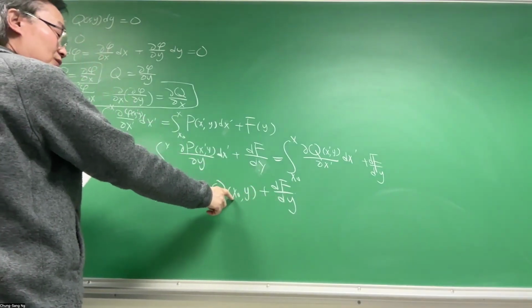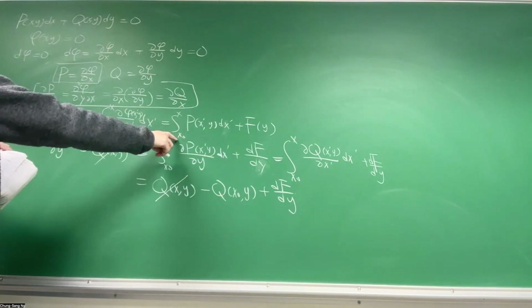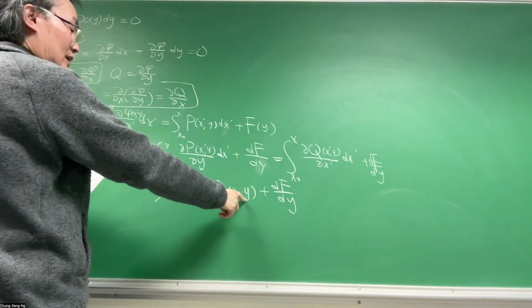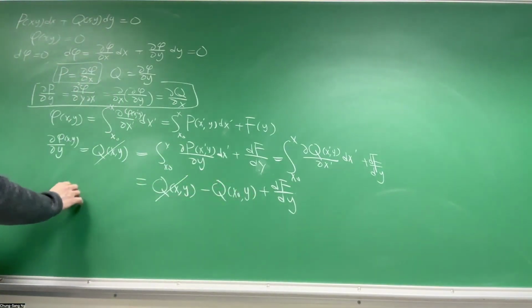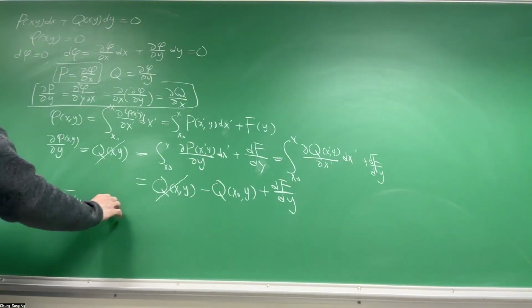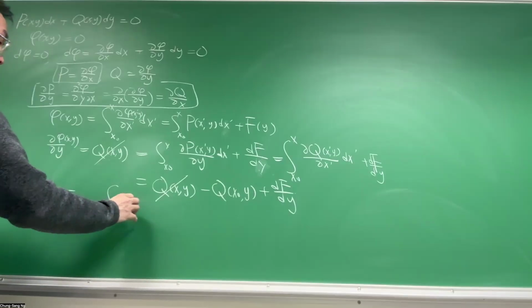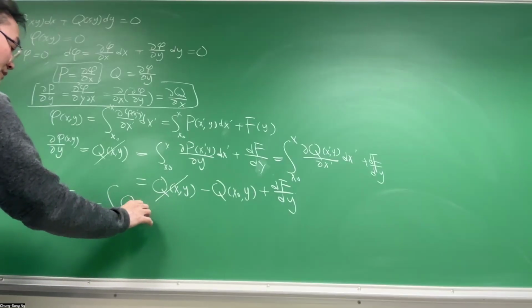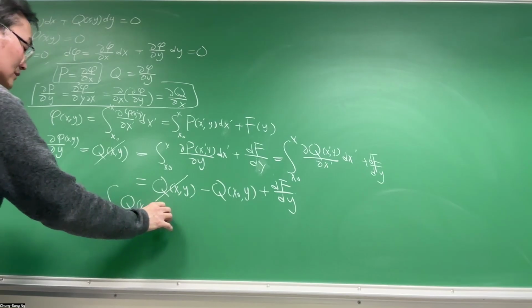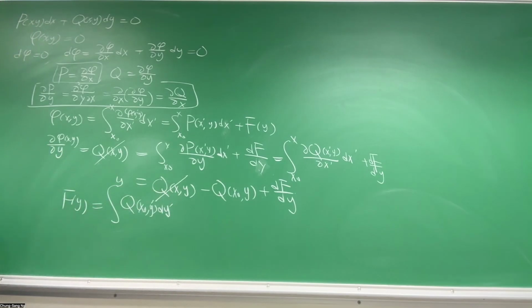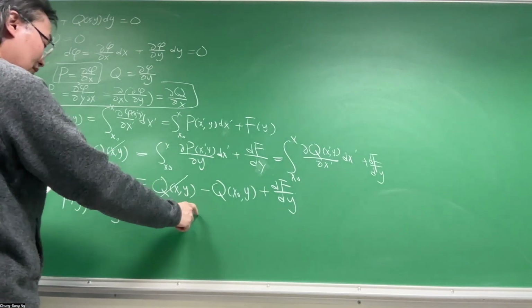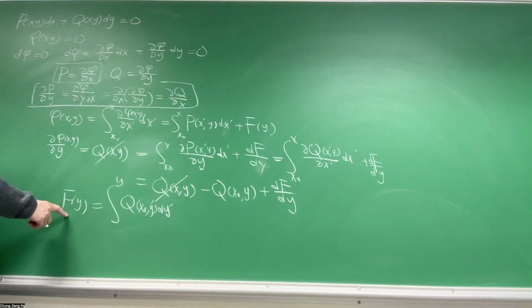Now evaluate at x sub 0, your choice of lower limit, and then y. That you can integrate, so f(y) is integrating Q(x sub 0, y) dy from y sub 0 to y. And then supposedly you can have a constant, because this is just a single variable function.